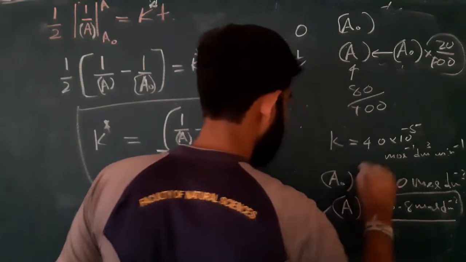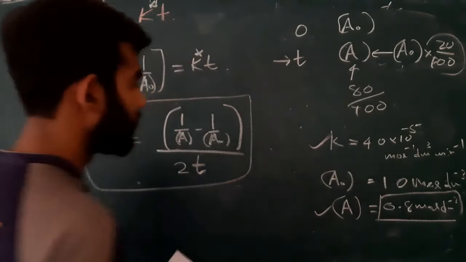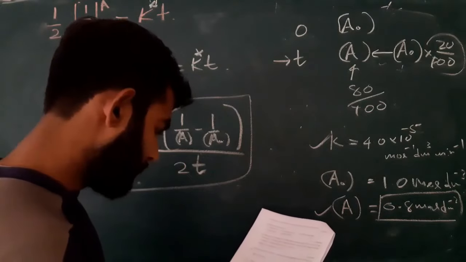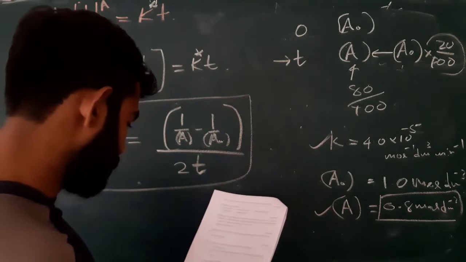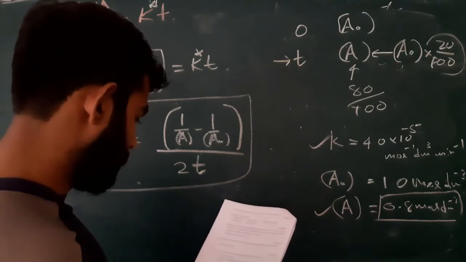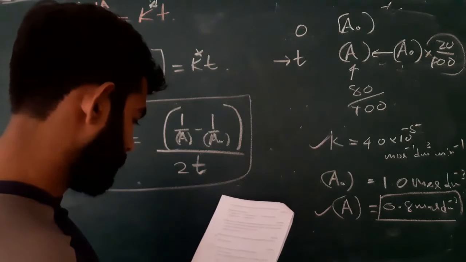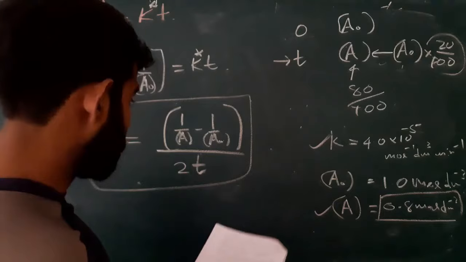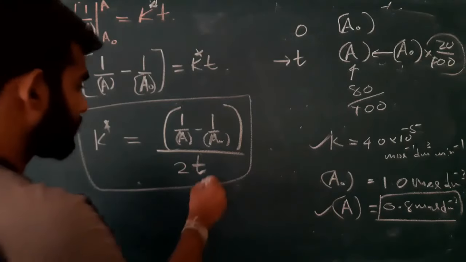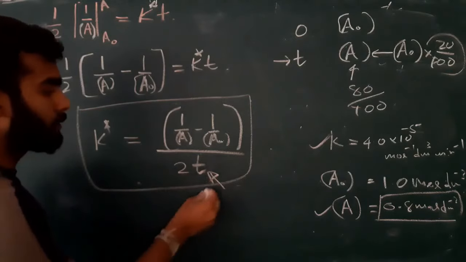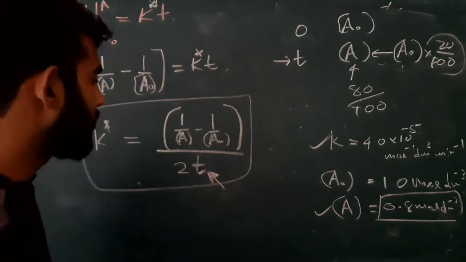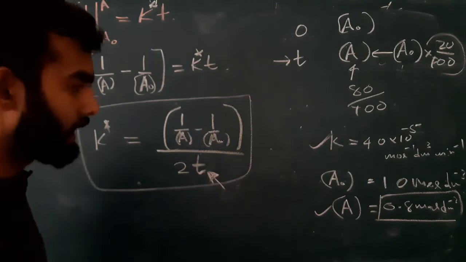So we know a, we know k. We have to derive the expression for t.